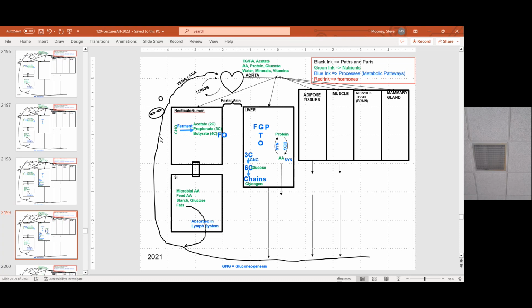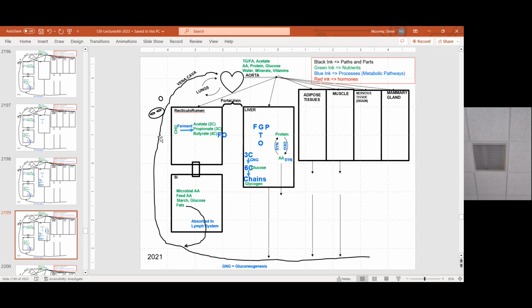Both of those protein and amino acids will be exported from the liver, and they'll end up in the nutrient pool at the aorta. We also have synthesis of amino acids. The liver synthesizes all non-essential amino acids.